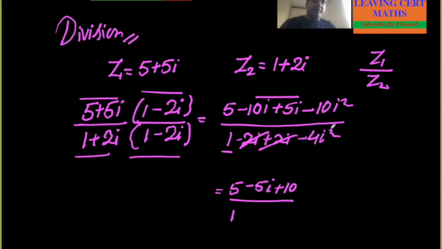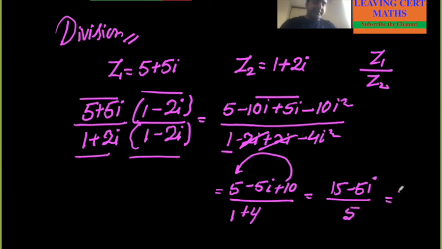Minus 4i squared, is it not plus 4? Yeah. Now this is it not 15 minus 5i divided by 5, right? So divide each one by 5. So is it not 3 minus i? Yeah. So this is your answer.